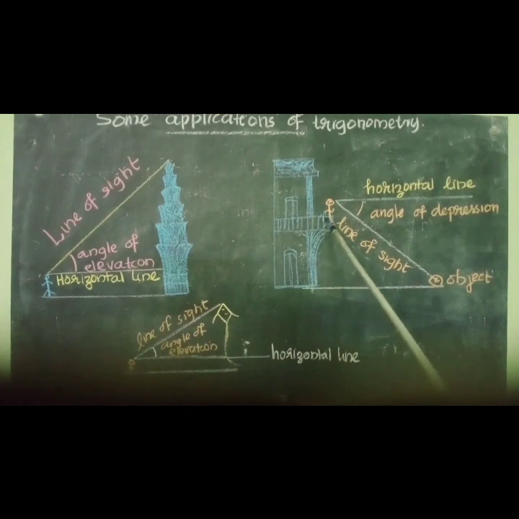Now you see the next figure. Here the observer is on the balcony and is looking at an object on the ground. Now this is the line segment joining the eye of the observer and the object. So this is the line of sight.